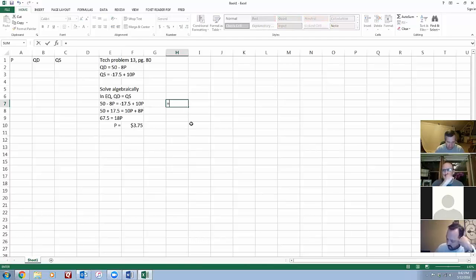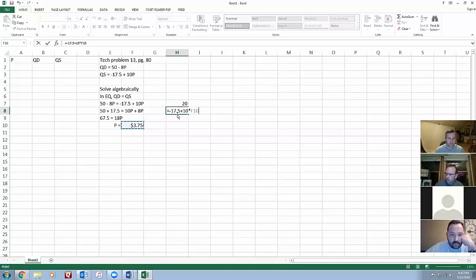Go back in here and say 50. So I'm setting up an equation now. 50 minus 8 times, and I'll even reference this cell, 3.75. And that'll give me actually this is a quantity now, of 20. So when I plug in that equilibrium price in the demand equation, I get a quantity of 20, which I should get exactly the same thing when I plug that price into the supply equation.